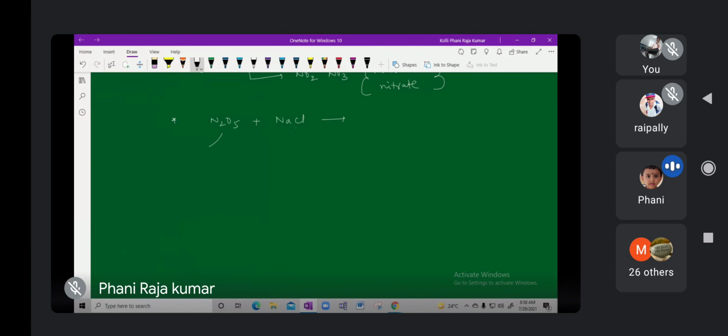So N2O5 in solid structure is NO2+ NO3 minus. Then the products are Na+ NO3 minus plus NO2Cl, not NOCl. NO+ is nitrosyl, NO2+ is nitryl.